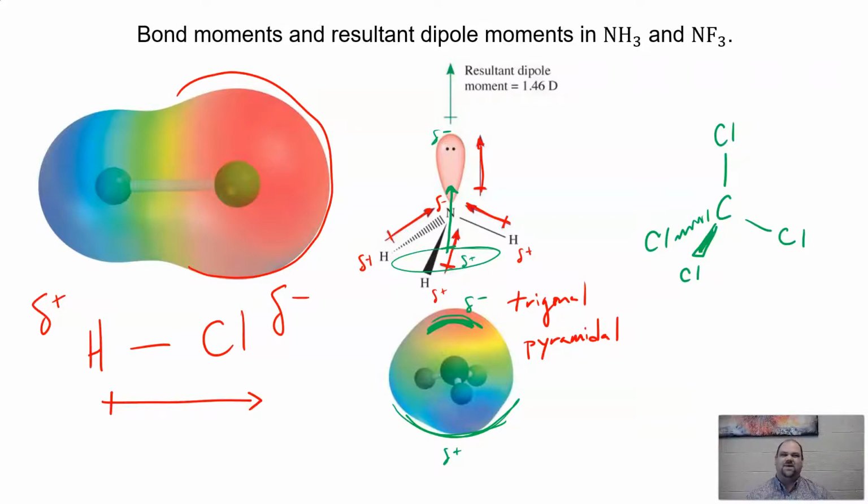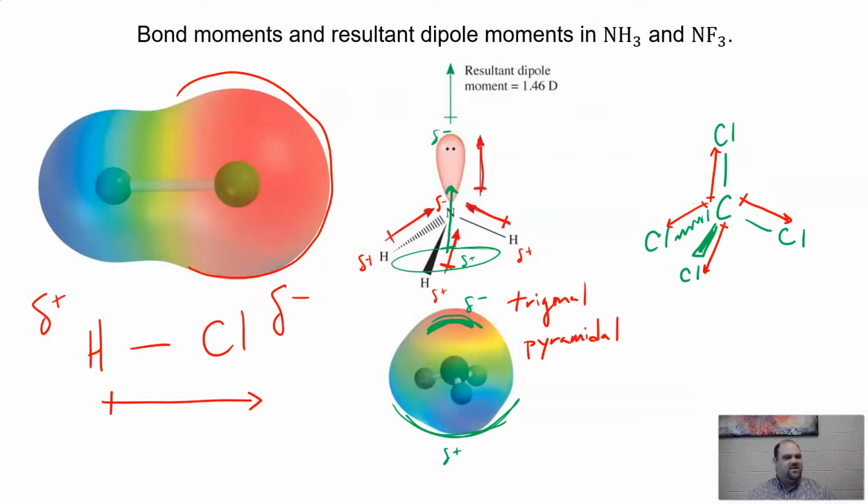Now between these two, carbon and chlorine, which of those is more electronegative? Well, it turns out that it's chlorine. And so our bond dipoles go from the carbon to the chlorine. Carbon to chlorine, carbon to chlorine, carbon to chlorine.